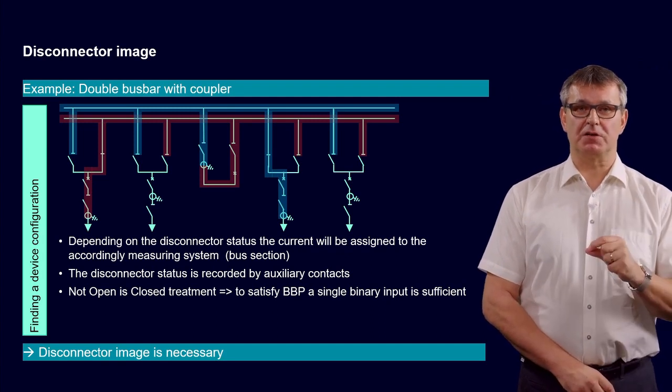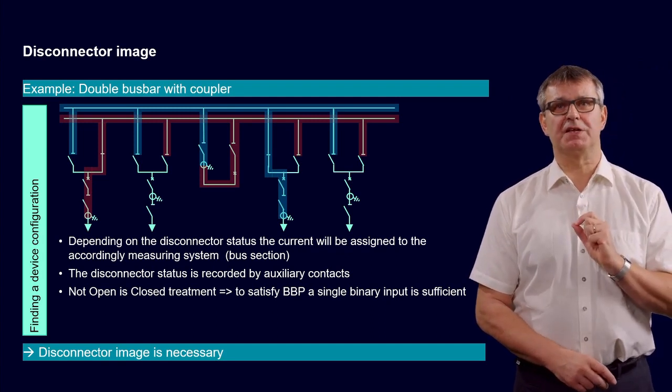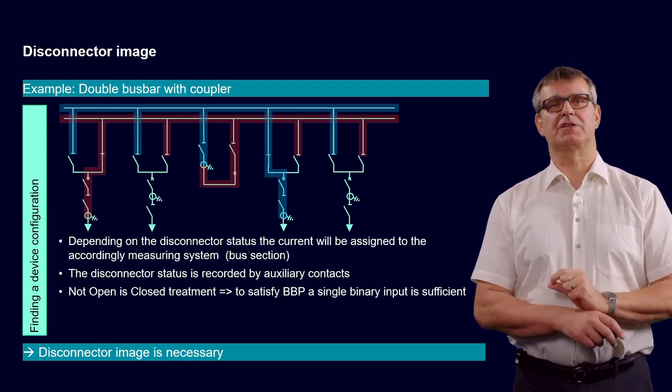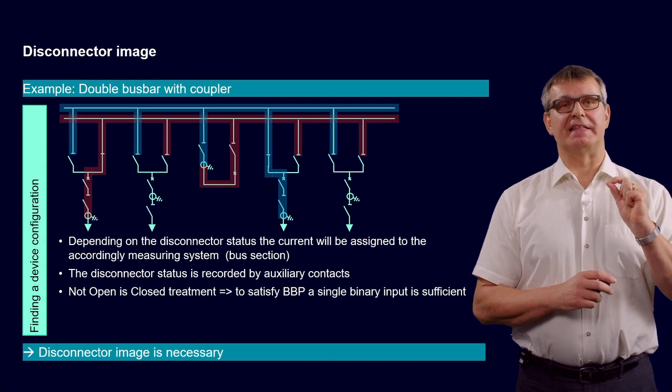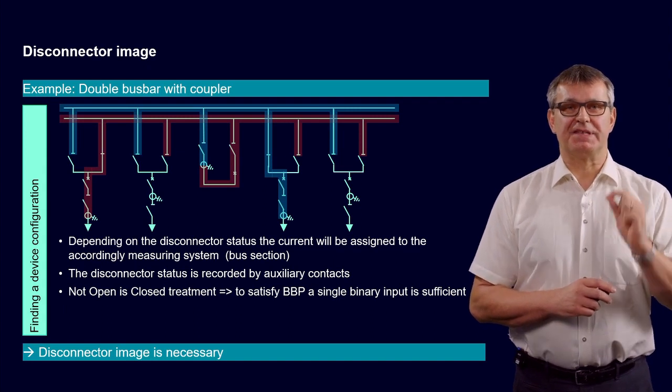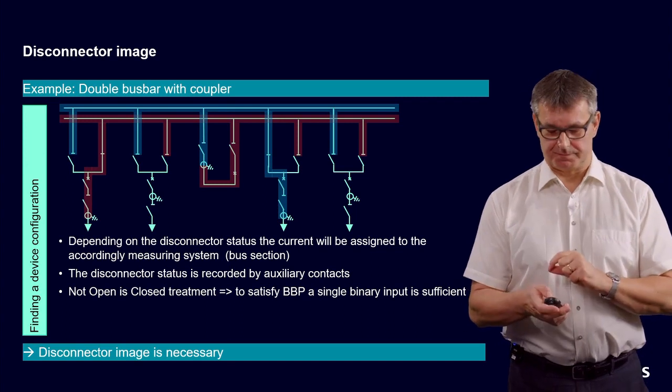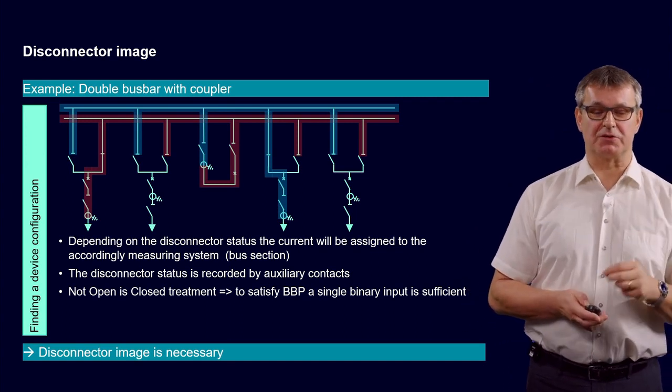But it's very important, if we are using only one binary input, we have to use a normally closed contact of the disconnector, which gives us a clear signal whether the disconnector is open or not with a high signal.